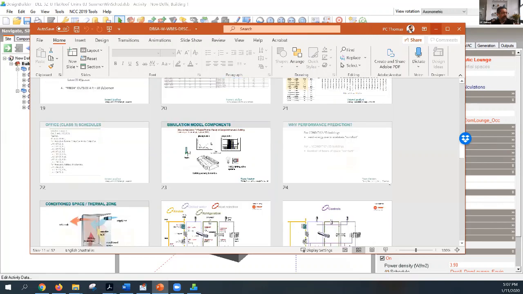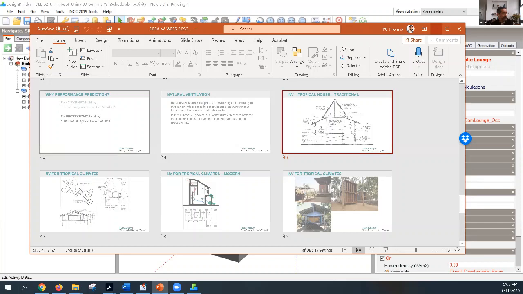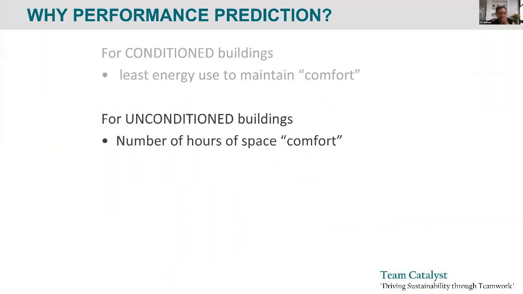Okay, so it depends on what you want to do with naturally ventilated buildings. What I have been teaching for a while is that if you're doing an air-conditioned building, then you set a comfort parameter that the air conditioning system has to meet.